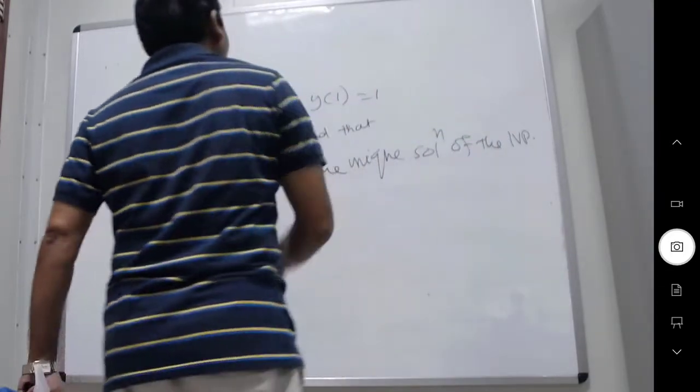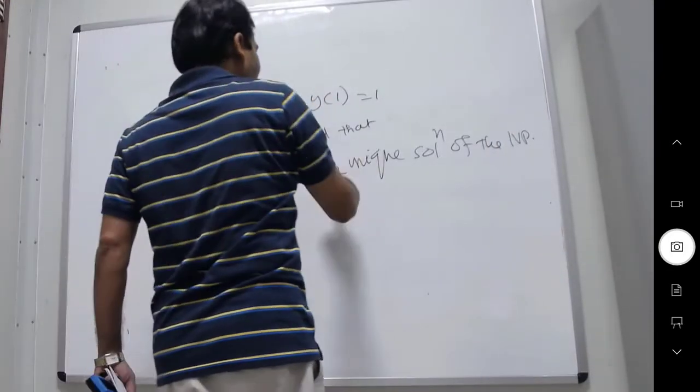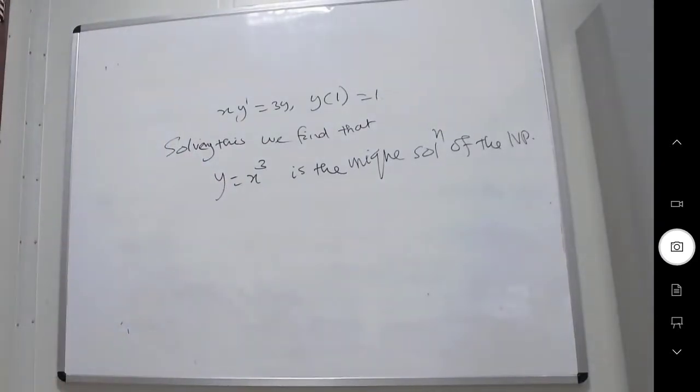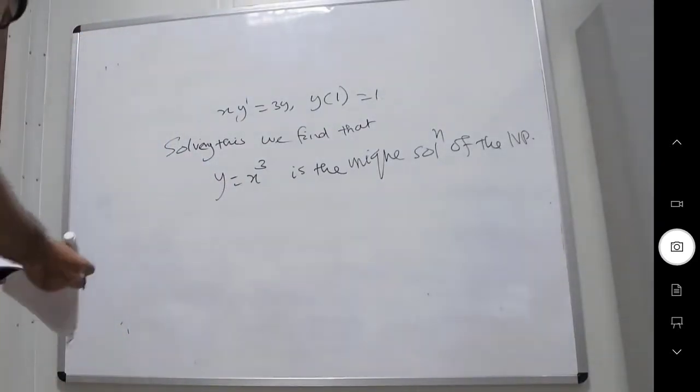Because it appears one arbitrary constant, you have one condition, you can replace that particular solution. It is the only unique solution with respect to this initial condition.